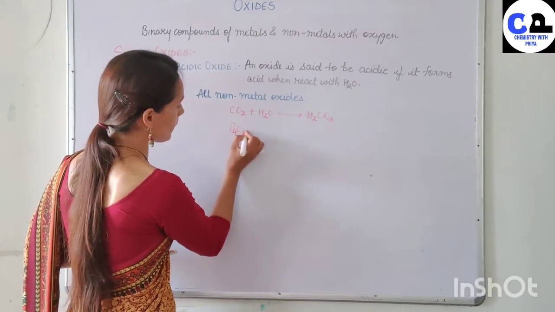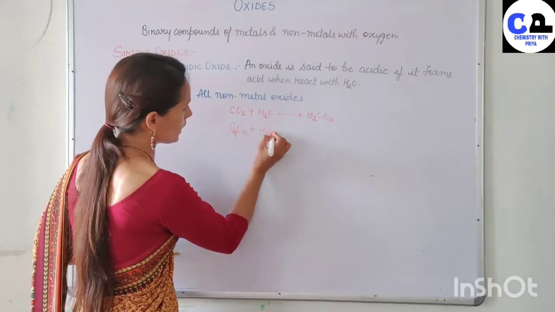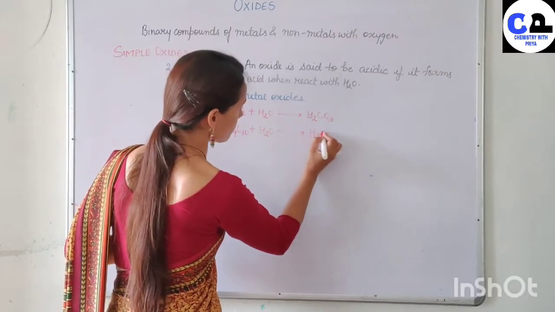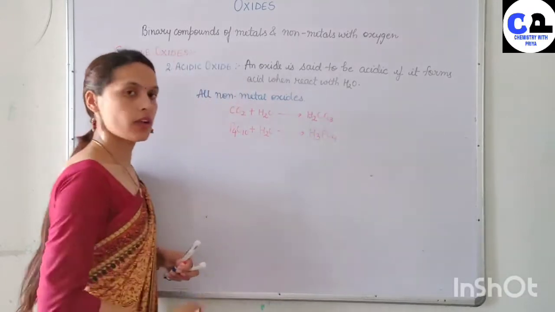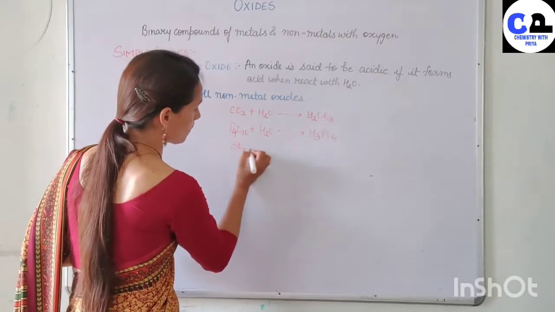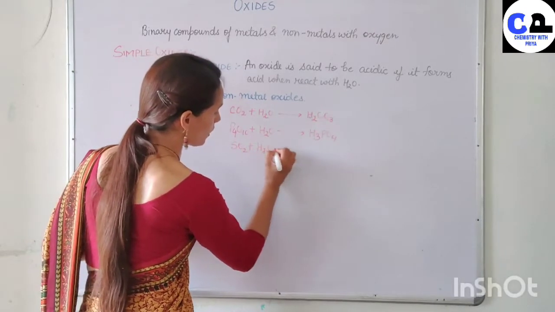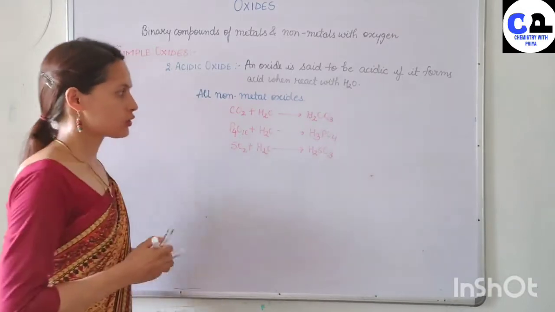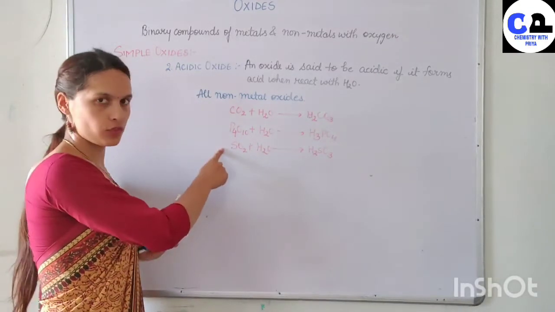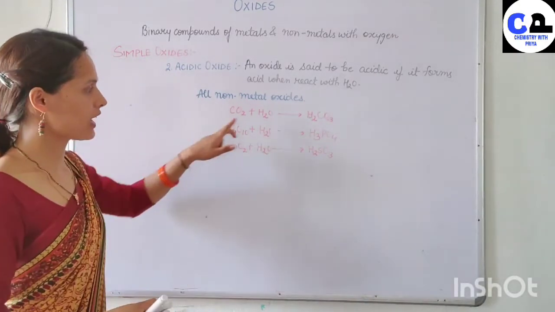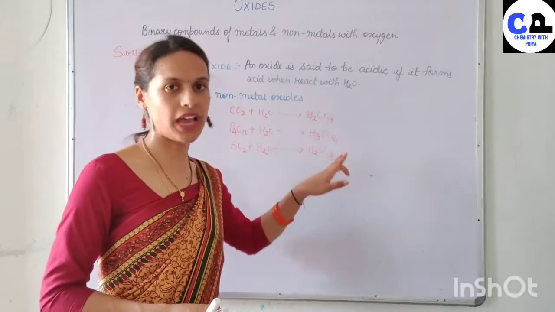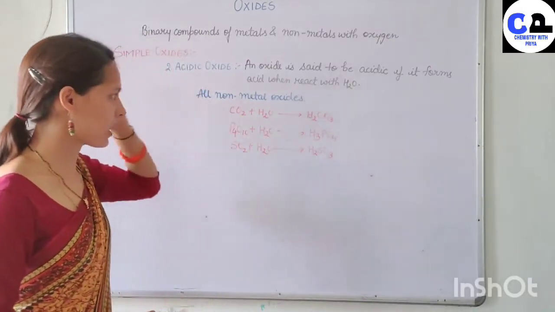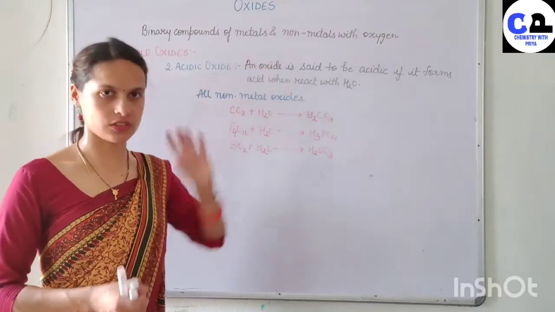P4O10 plus H2O gives H3PO4. SO2 plus H2O gives H2SO3. So these are the oxides of non-metals, and when these oxides react with water, they form acid, and therefore these oxides are known as acidic oxides.